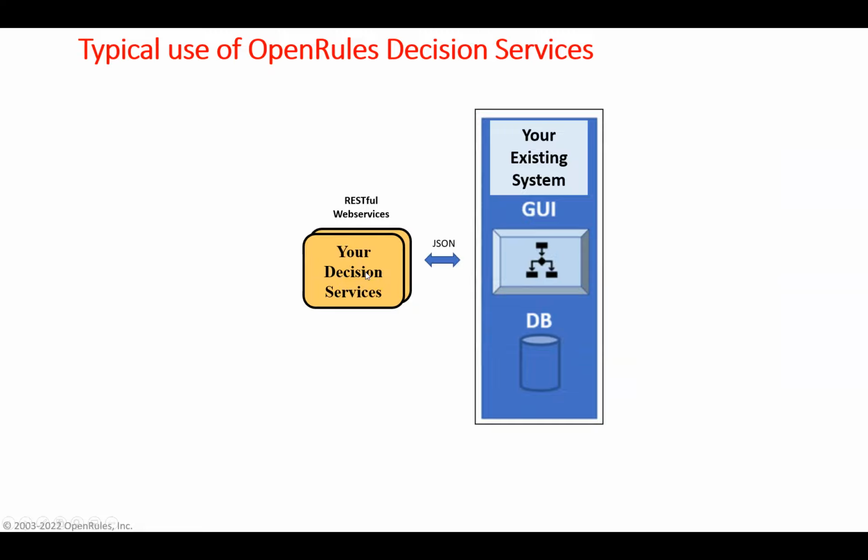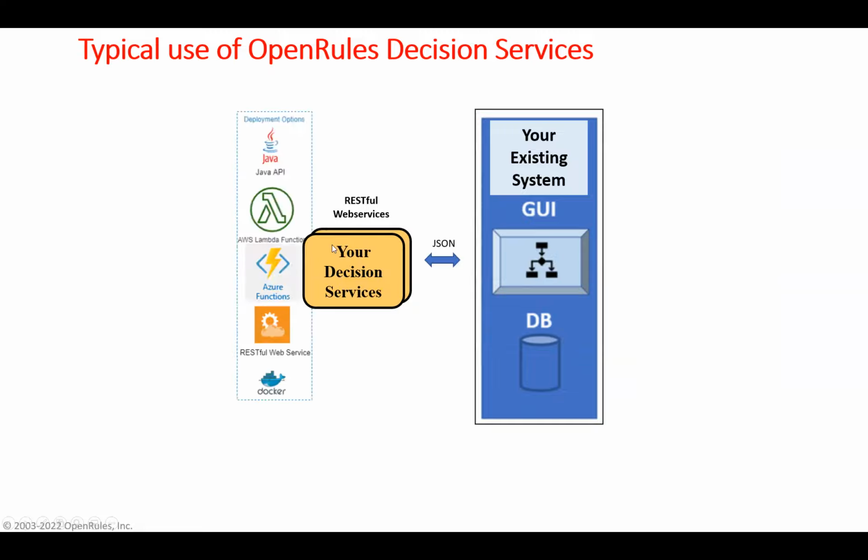And these decision services could be deployed in any environment. In modern systems, you want to be able to deploy them on premises using, for example, Java API, or deploy them on any cloud environment like Amazon, for example AWS Lambda, one of the most typical destinations for OpenRules decision services.